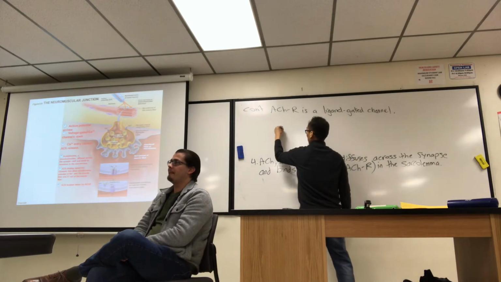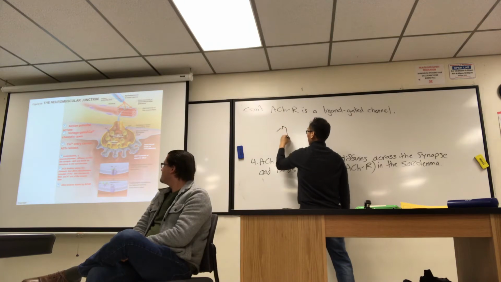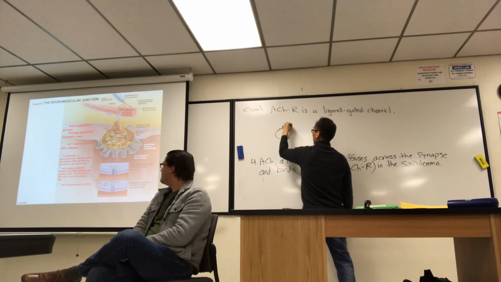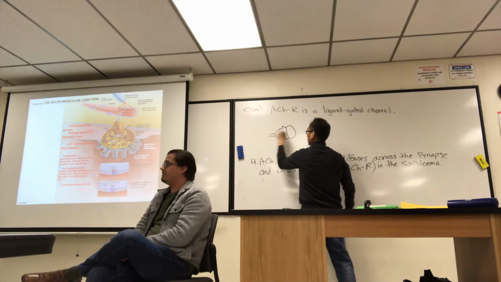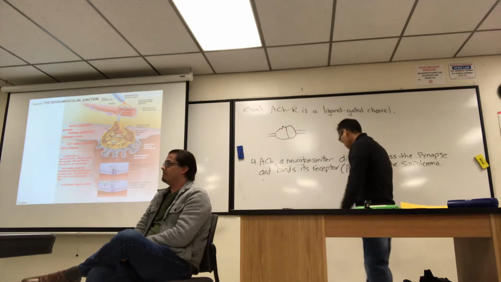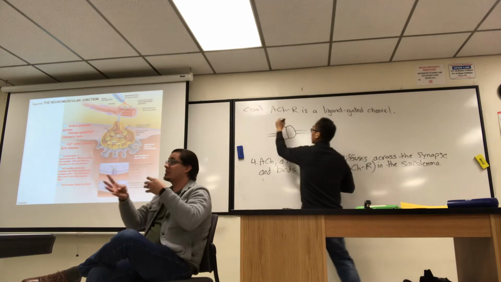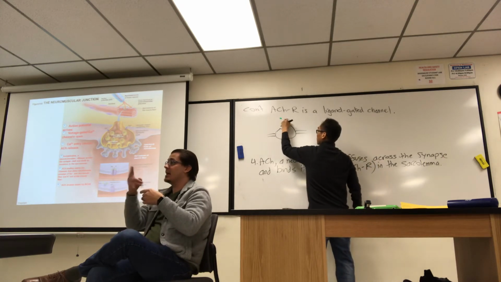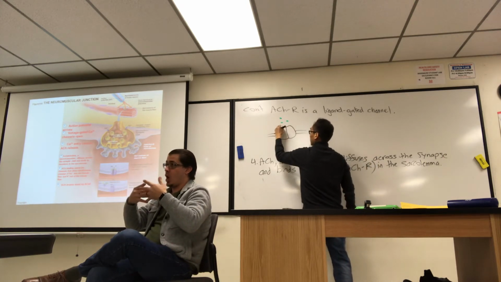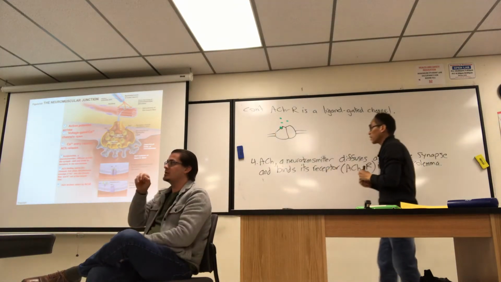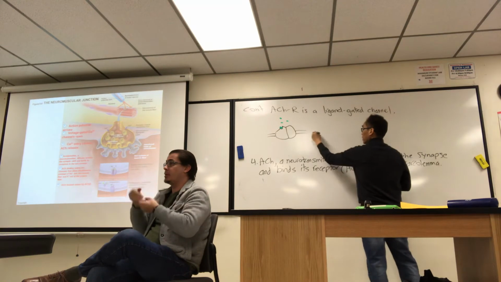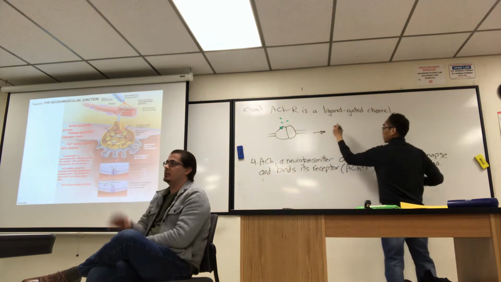The gate's closed. But if ACH comes along, diffuses across the synapse, you have enough of it, and it binds its receptor binding site there, it makes it open. That opens the gate.